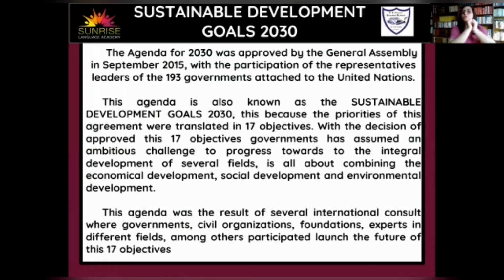Sustainable Development Goals 2030. The agenda for 2030 was approved by the General Assembly in September of 2015, with the participation of the representative leaders of the 193 governments attached to the United Nations.